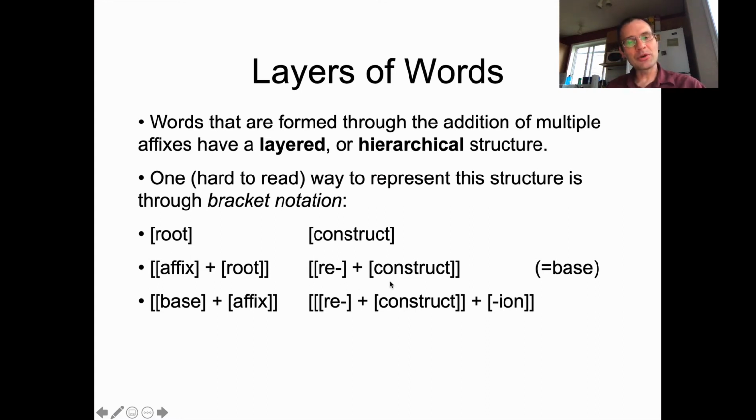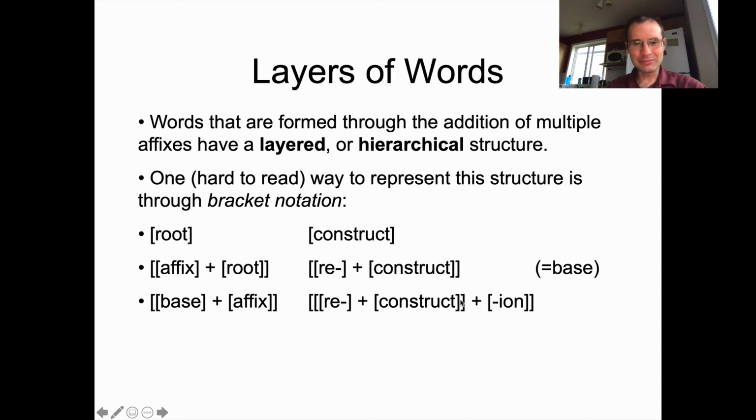And I'm saying that what you're doing here is that you are adding the "re" to the construct first. So initially you just have brackets around your root, and I'm also placing brackets around my affixes here. But then to signify that these two attach first, I'm putting brackets around them before I add another morpheme to them, the "ion". So like I said, this is not easy to read.